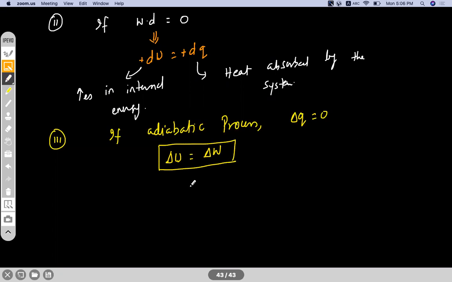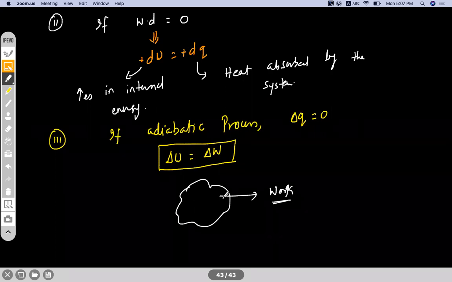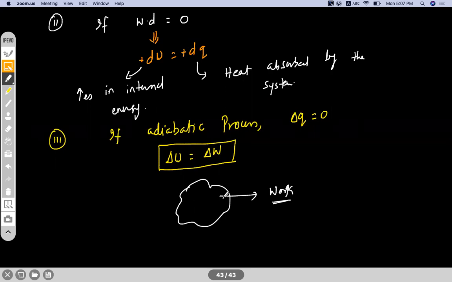Suppose you have a system that can't take energy from surroundings because the process is adiabatic, and it is doing work. It means it does work at the cost of its own energy. Internal energy will decrease if work is done by the system. Correct? Work done by the system, internal energy decreases. Work done on the system, internal energy increases.